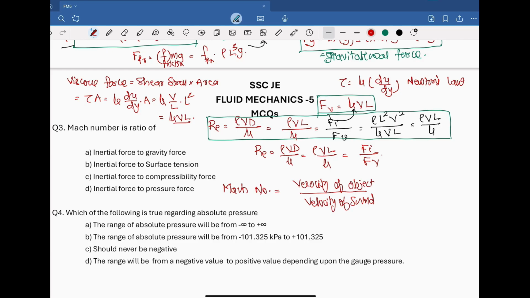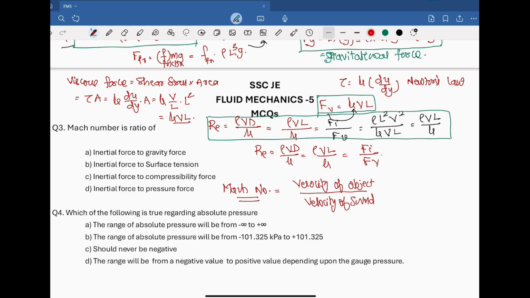That ratio, velocity of object by velocity of sound, is called the Mach number. Okay, it is in the velocities. How can I find the ratio of inertial force to gravity force, inertial force to surface tension, inertial force to compressibility force? How can we find this ratio? Inertial force to pressure?